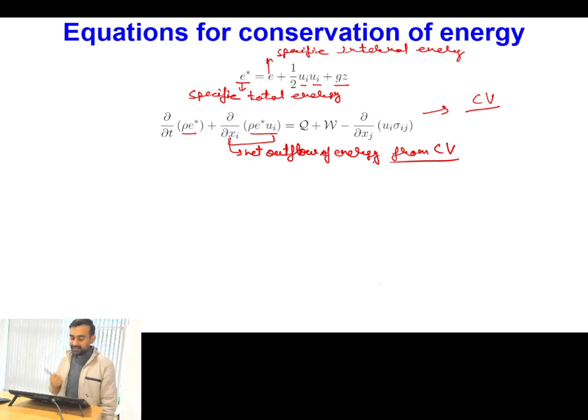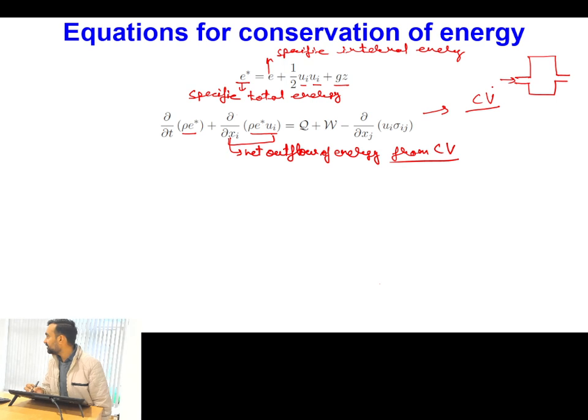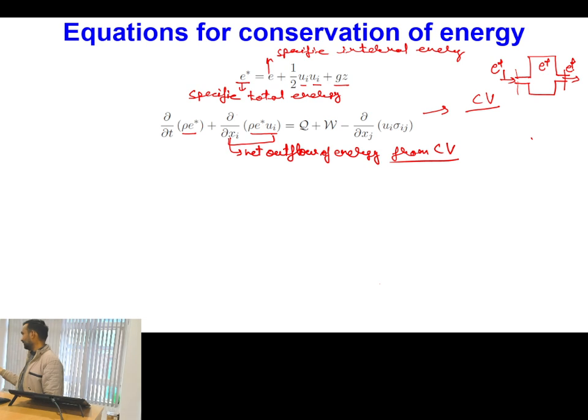Why am I calling it net outflow? Because in a control volume, when some energy is entering, that energy can enter with any initial state. It can be E star 1. But when energy is going out, because within the control volume the energy content is E star, the outflow of the energy from the control volume should also be with the same energy content E star.